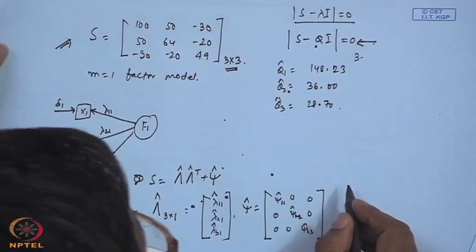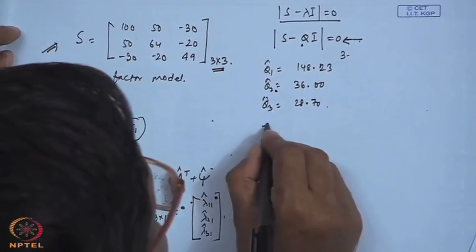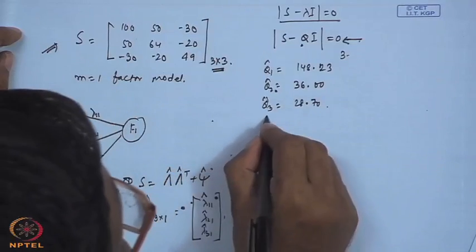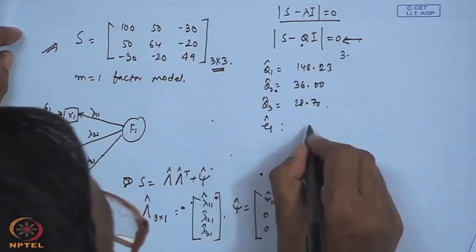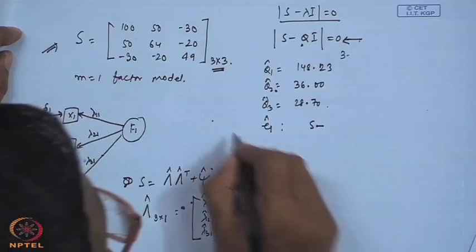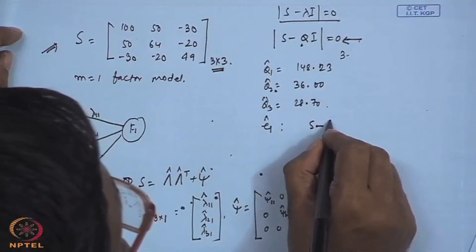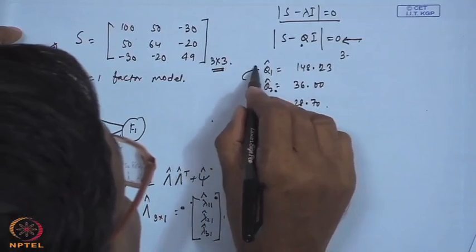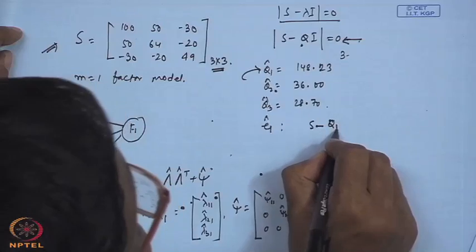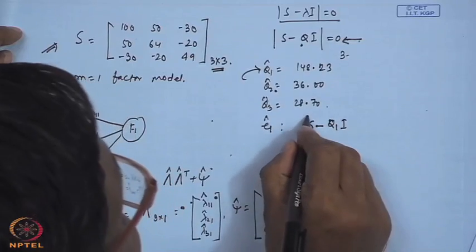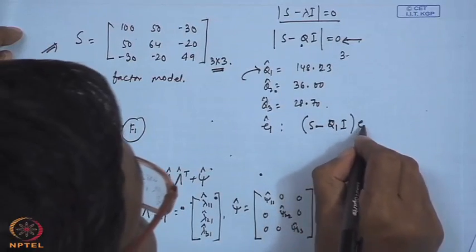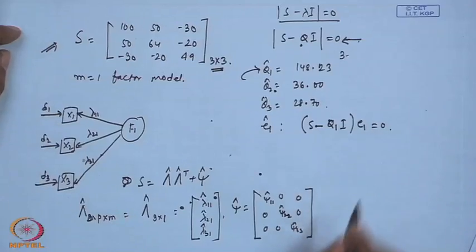Now if you want to know U1 cap, you need to put Q1 into this equation and make it equal to 0.